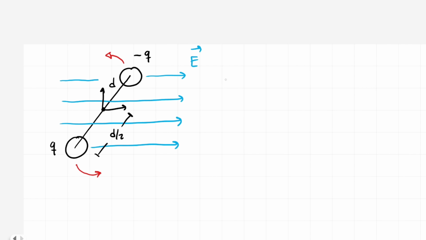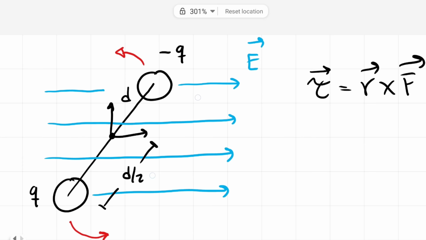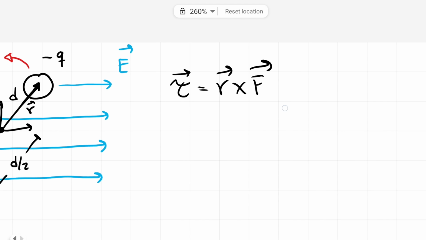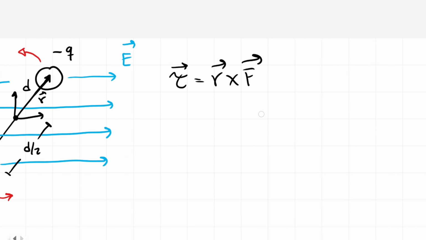So remember that the equation to calculate a torque is r cross F, where r is the vector that points from the center of the coordinate system to the position of the particle. This will be r, for example. But we are going to have two torques, one for each charge.